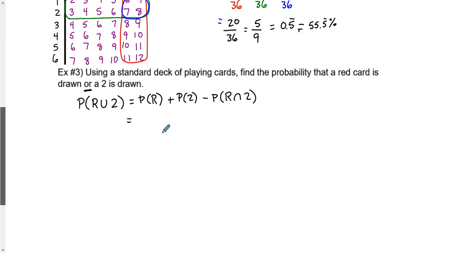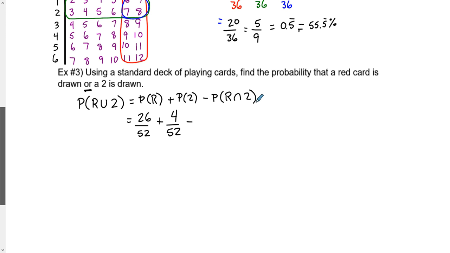So in total, red cards, there would be 26. Diamonds and hearts altogether is 26, 13 and 13. Whereas the total number of 2s, well, there's 4. There are 4 2s in a deck. Subtract how many of those red cards are also 2s.